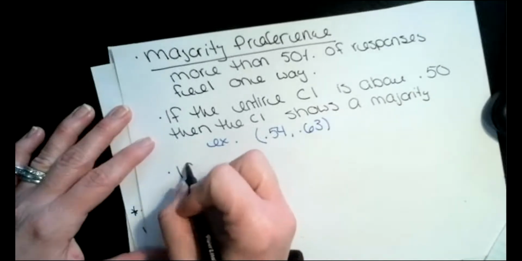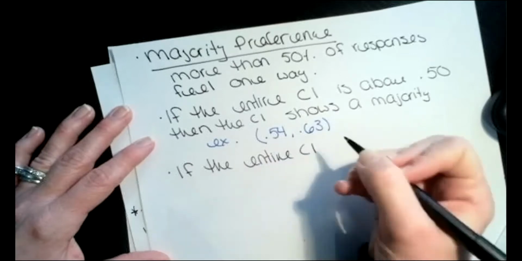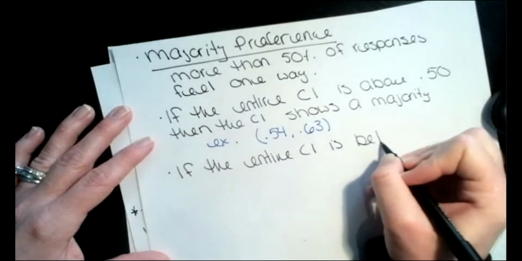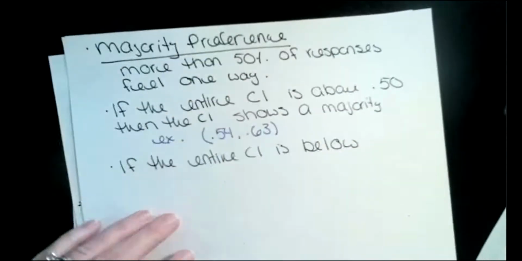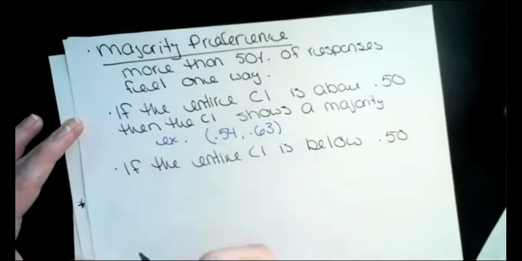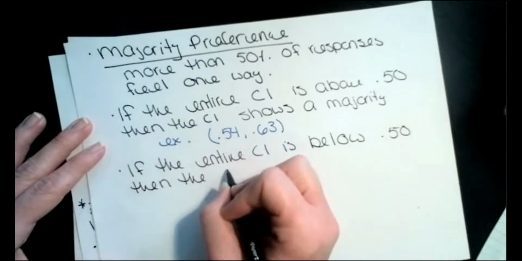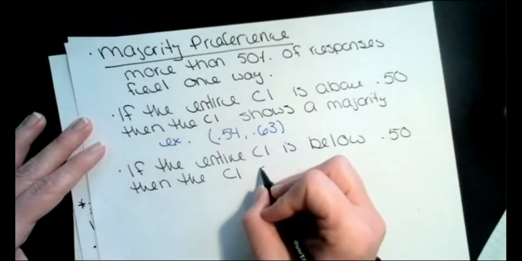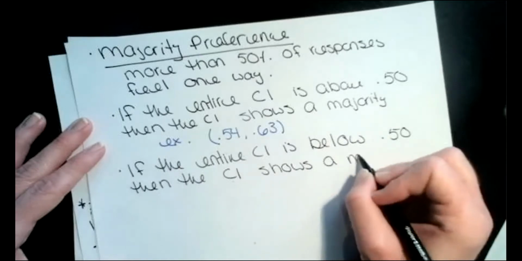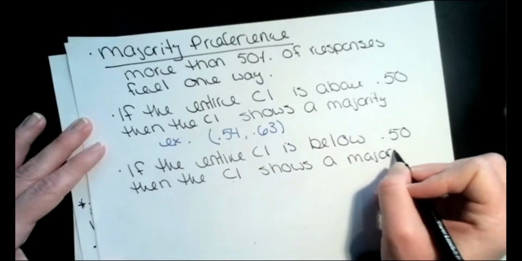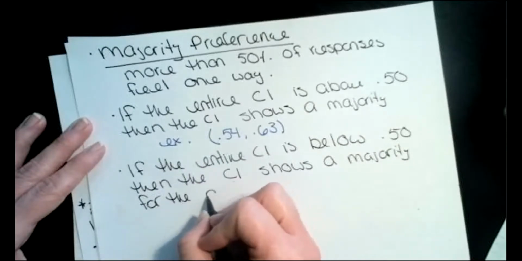If the entire CI is below 0.5, then the CI shows a majority, oops, for the opposing view.